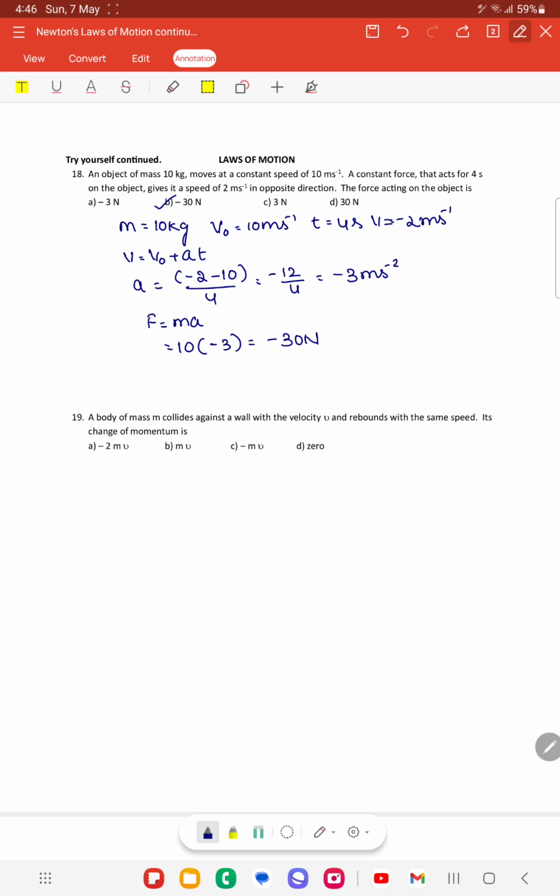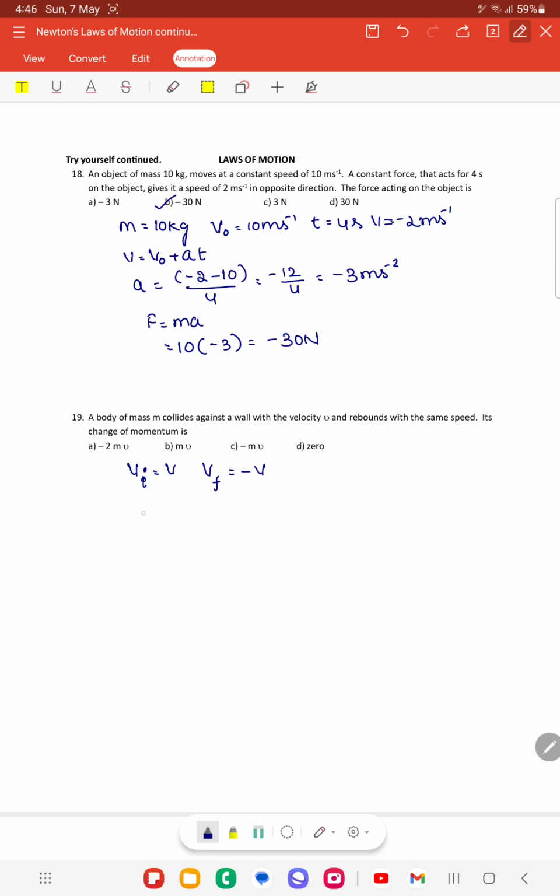Question number 19. A body of mass m collides against a wall with a velocity v and rebounds with the same speed. Its change in momentum is. So let us consider the initial velocity is v. It rebounds with the same velocity. So final velocity, let us consider this is Vi. This is Vf. Vf is nothing but minus v.